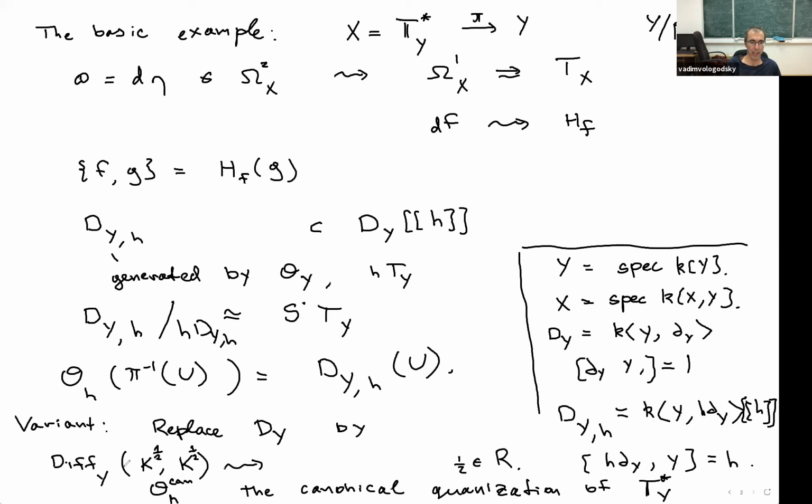So if you instead consider these differential operators twisted by the square root of the canonical bundle, then this algebra is actually isomorphic to its opposite algebra. So the functor from left modules to right modules is the identity on the underlying vector spaces.